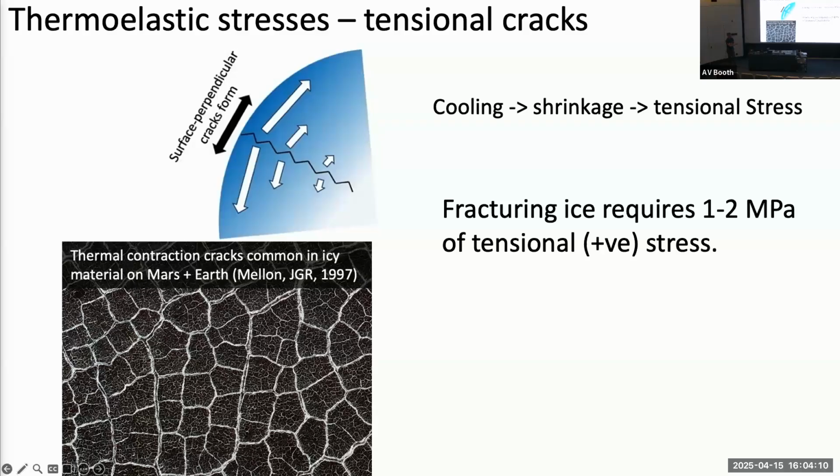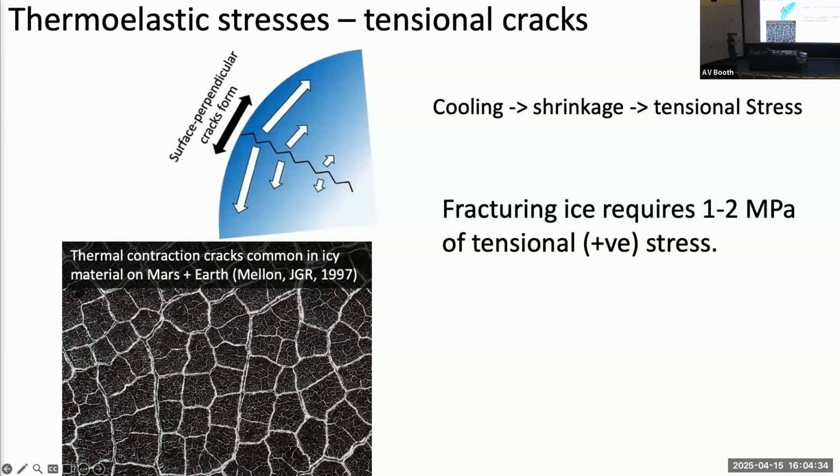These cracks are spaced so that the stress in the center of these polygons is kept to low enough values to stop the polygon from cracking further. So these polygons subdivide until they're small enough that the stresses in their center can't overcome the strength of the ice. Typically that needs about 1 or 2 megapascals of contractional or tensional stress.